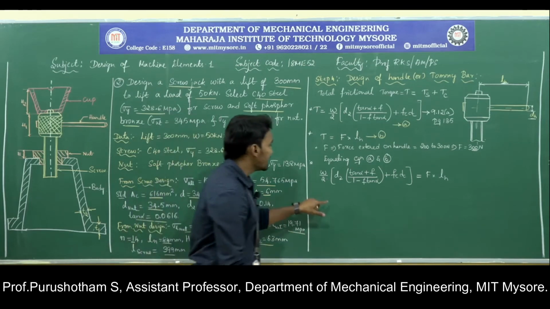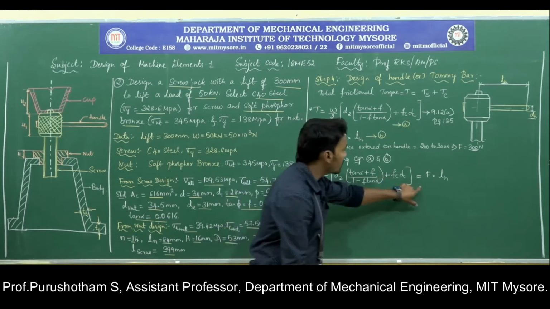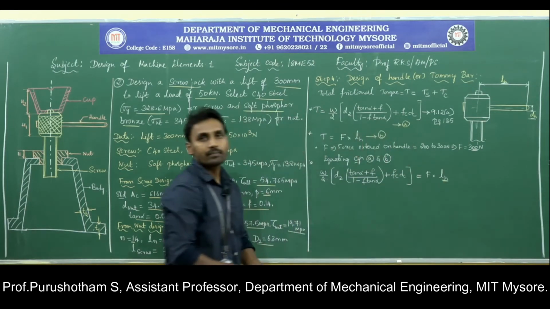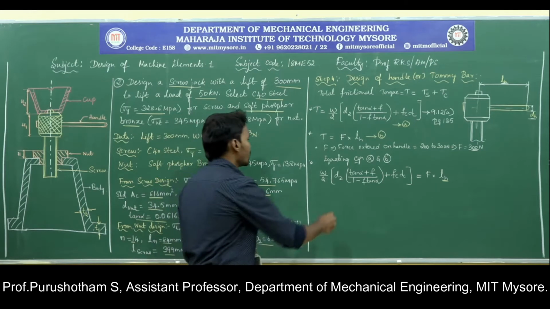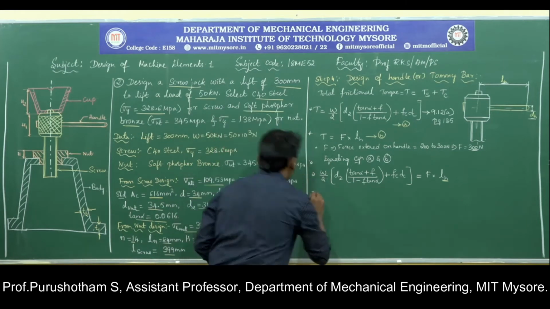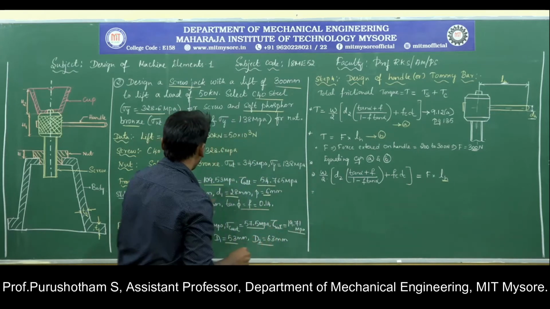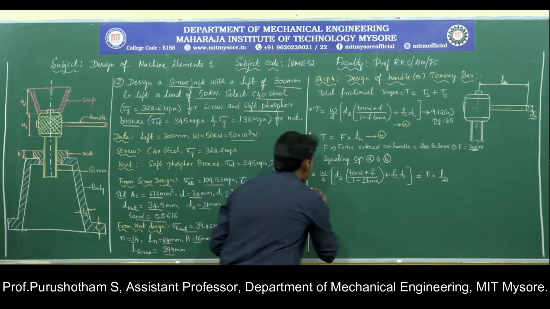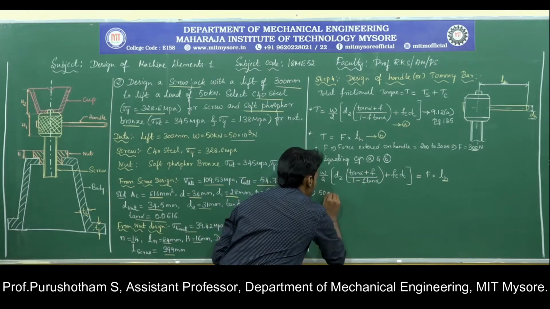If you observe this equation, all the terms are known except the length of the handle. Now I am going to substitute the values. W is 50 kilonewton, that is 50 into 10 power 3, divided by 2.